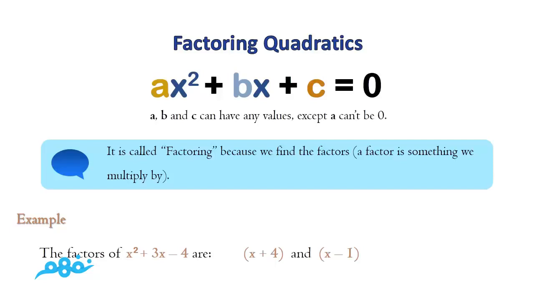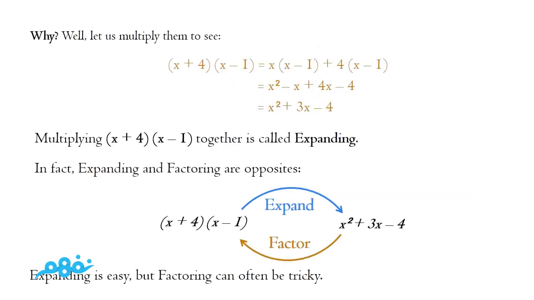How to check that these are the real factors of this equation? To check that these factors are the real factors of the previous equation, we have to reverse the procedure. We have to multiply them again: x + 4 multiplied by x - 1. Here we have x multiplied by x - 1 plus 4 multiplied by x - 1.